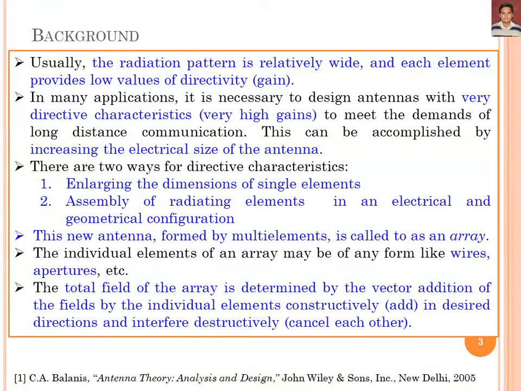First we need to know about the background history of antenna arrays. As we have discussed in chapter 4 of C.A. Balanis, we took the infinitesimal dipole located along the z direction, calculated the electric and magnetic field equations, and finally observed the radiation characteristics of a single element antenna.